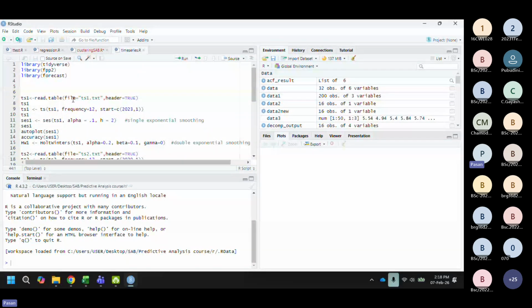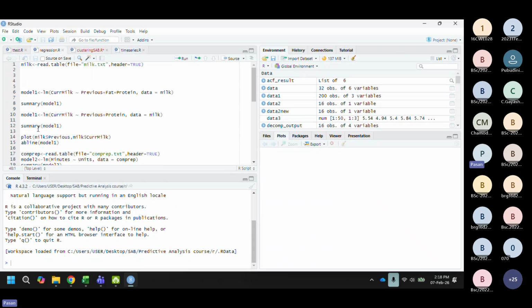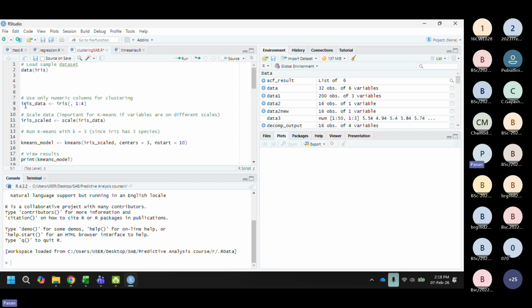So you can use the read.table or you can use read.csv formats, right? So that is reading the different data sets that we had, right? Similarly, you can read a data set if you have it in a text file or CSV format, Excel file, right?